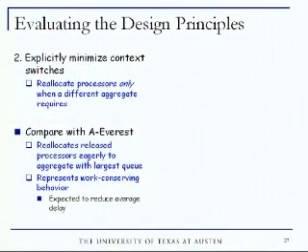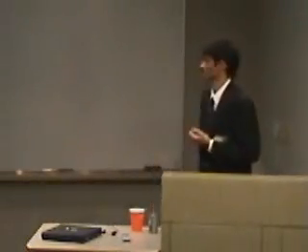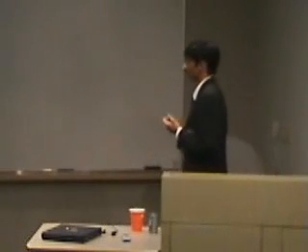So this says that the first principle that we are using is actually good. The second principle that we were using is to explicitly minimize context switches, which means we are reallocating processors only when a different aggregate actually requires it.